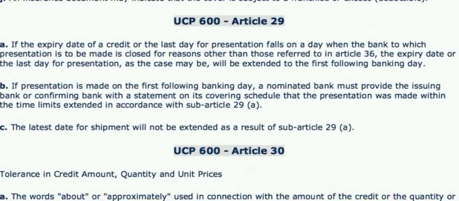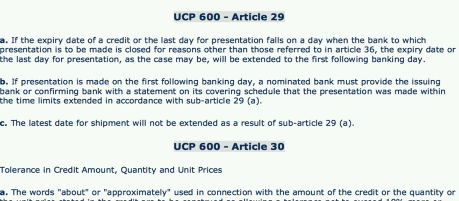Then Article 29 speaks about the expiry date of the credit and when it falls. Means if the expiry date of a credit or the last day for presentation falls on a day when the bank to which presentation is to be made is closed for reasons other than those referred to in Article 36, the expiry date or the last day of presentation, as the case may be, will be extended to the first following banking day.